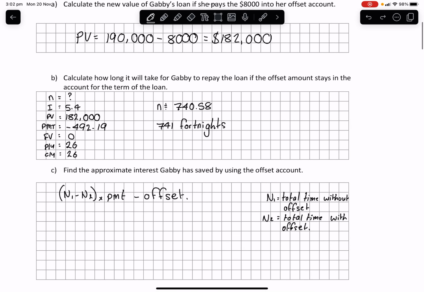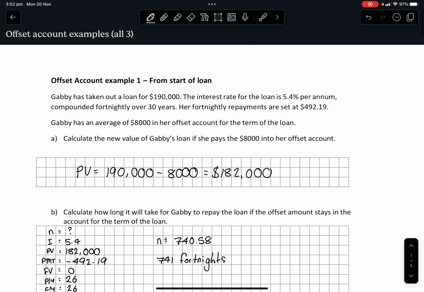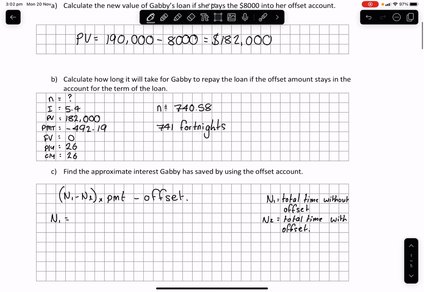So for N1, I just look at the original term of the loan, which is 30 times by 26, which is 780. The time taken to pay off the loan with the offset is what we calculated, which is 741 fortnights. The PMT in both scenarios stayed the same, and the offset amount is the same. So we can now substitute that in.